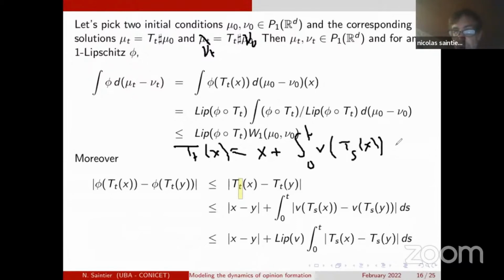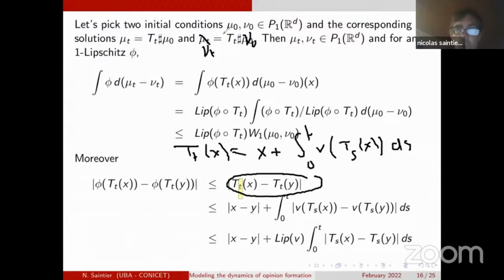So if you use that to estimate this expression here, you get the next line, and we use the fact that v is globally Lipschitz to bound the integral.